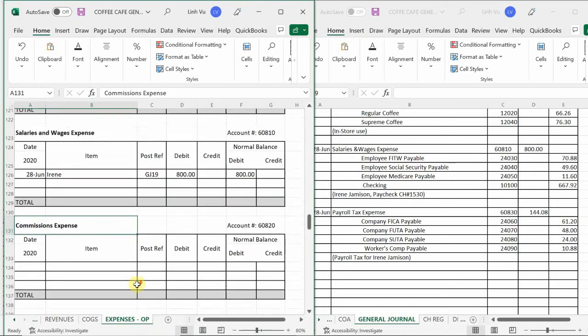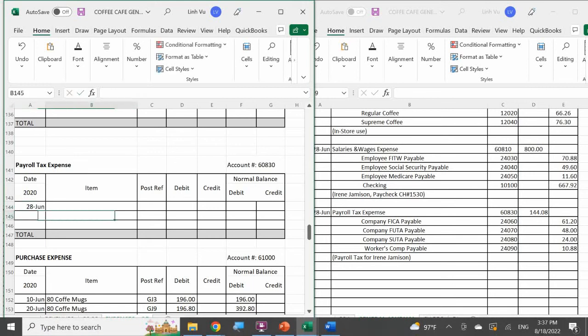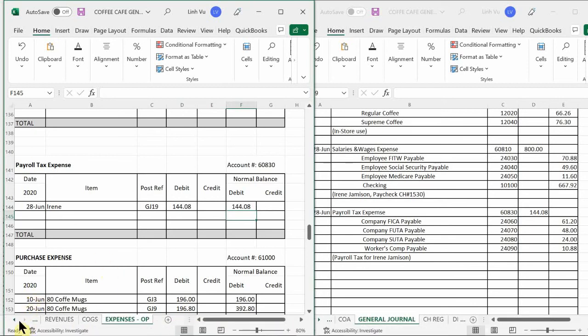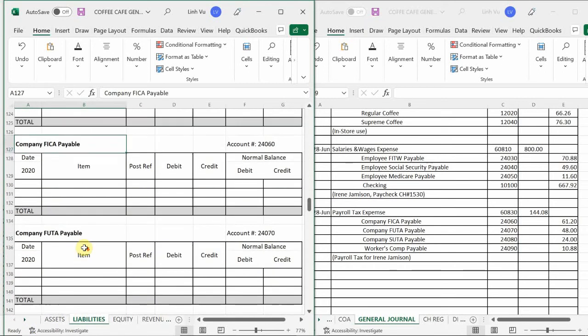Okay, so again, we are at payroll tax expense for Irene, for a grand total of $144.08. Okay. Okay, what else do we need to do? We need to go through all the liabilities. Okay. We'll just continue from there, starting with company FICA.